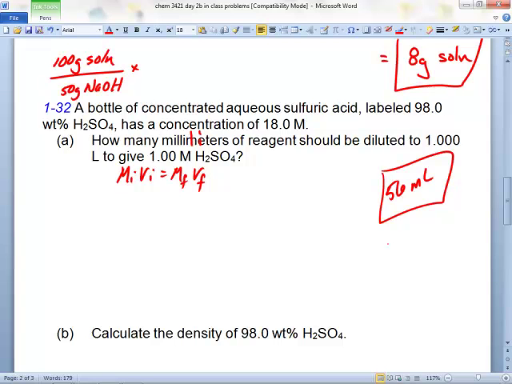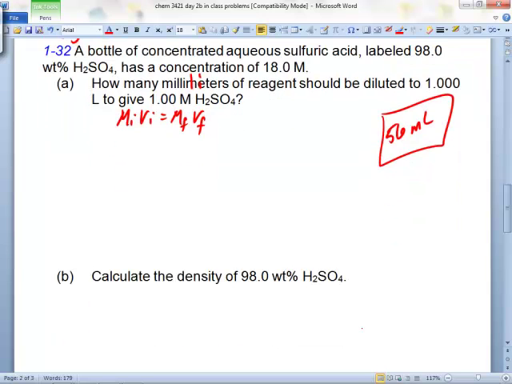The B? Okay. Calculate the density. Right off the bat on this one, I would start out with grams of solution all over mils of solution equals question mark. That's because that's what you're after, right?